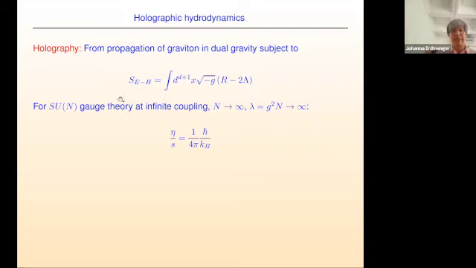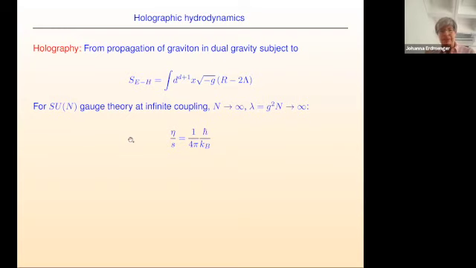Again, it's very important to note these limits that I also discussed to quite some extent yesterday. So we have to send N to infinity, and this 't Hooft coupling here also has to be very large. And then in this strict limit where lambda also goes to infinity, AdS/CFT gives this result for eta over S.